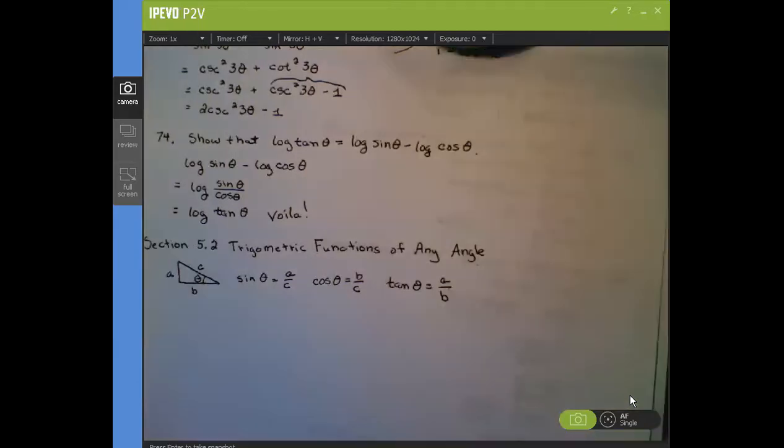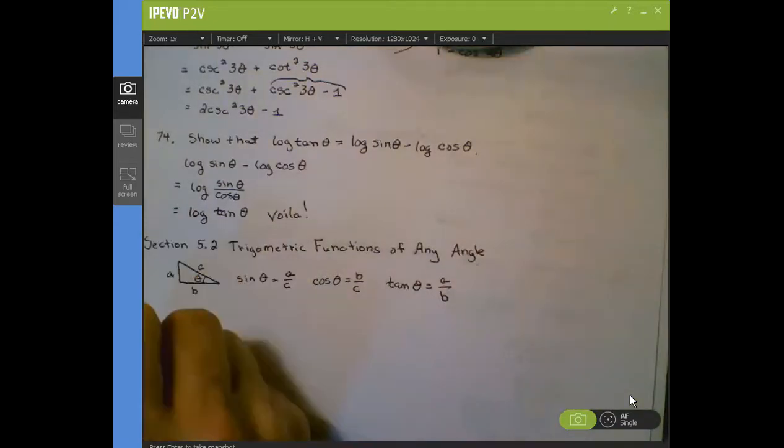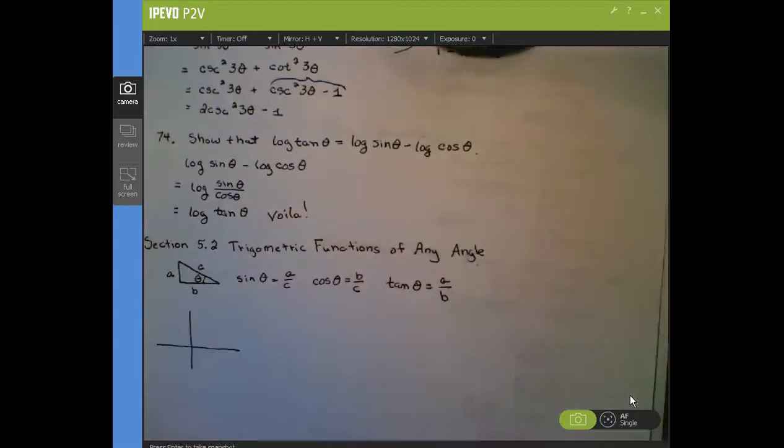reciprocal of tangent. But so far, we have only talked about trigonometric functions in terms of this right triangle, ratios of sides of a right triangle. Well, what if we had some angle in the Cartesian coordinate system, because we've already talked about angles in the Cartesian coordinate system.